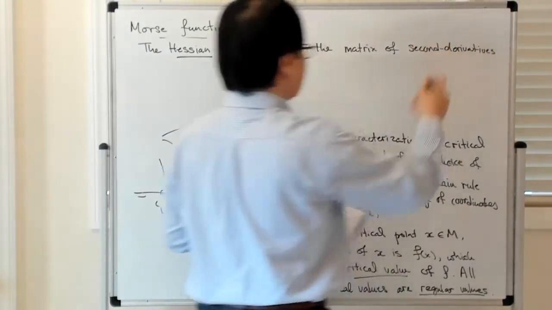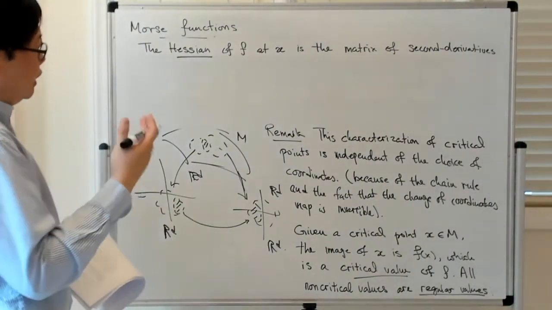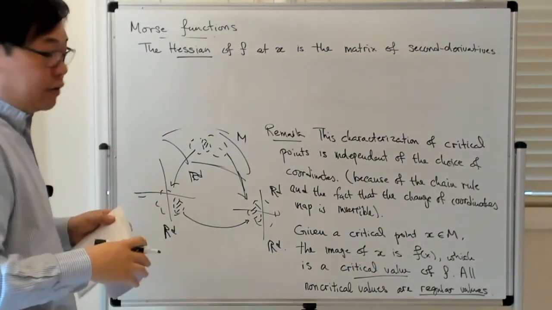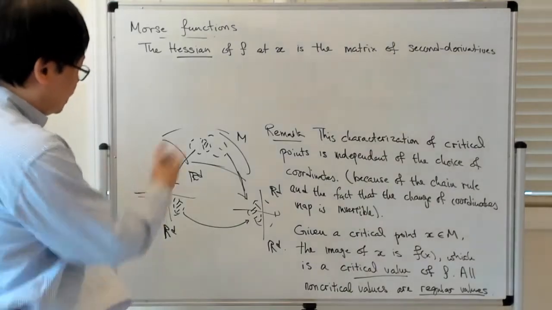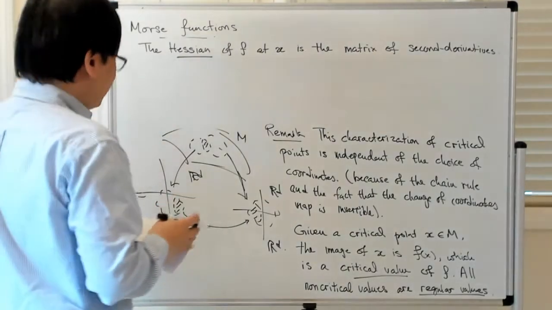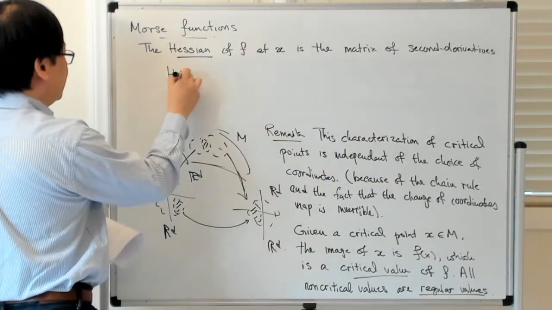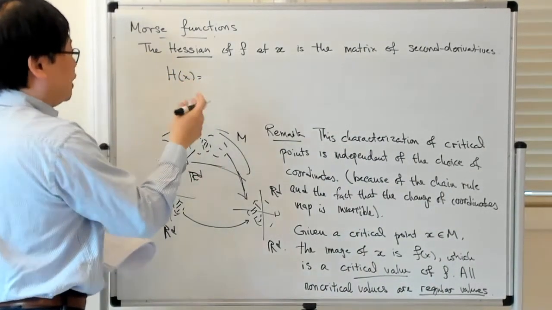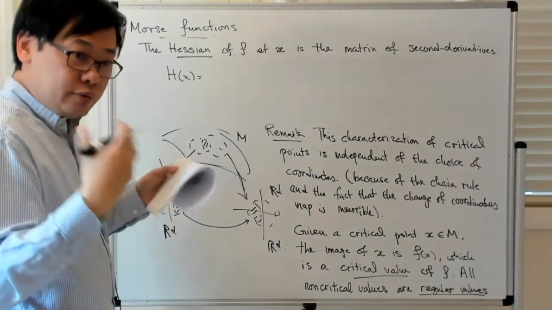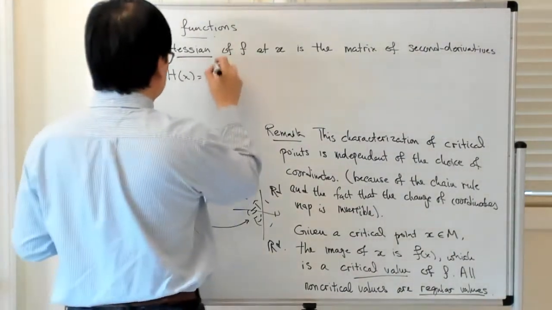As before, when we first talked about first derivatives, this technically means you have to find a local coordinate representative of the function f using a coordinate chart. I'm just going to suppress that, but you should understand that whenever you're writing these coordinate expressions, you're always doing this on a local coordinate chart.